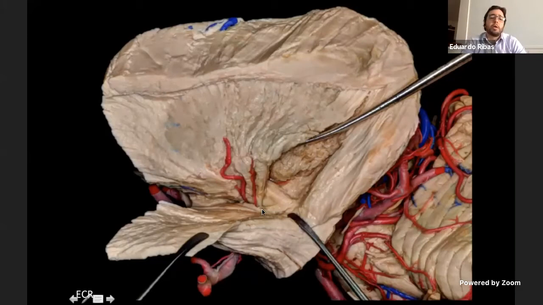But imagine you are operating at the right side and you don't get semantic paraphasia when you stimulate this patient. What is the next deep step that you're going to see and stop your dissection to go more medially?